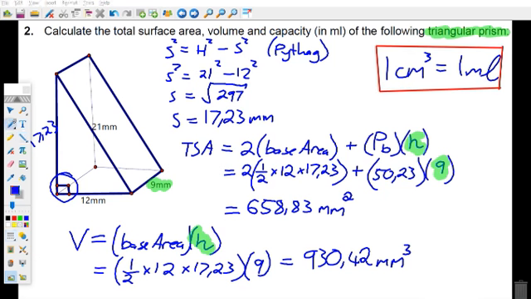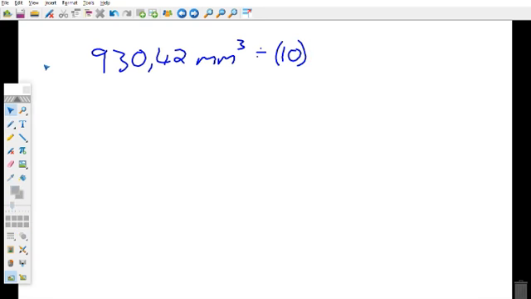Now, what's it going to be? We're going to change this up. 930.42 millimeters cubed. To change from millimeters to centimeters, we're going to go up, so we're going to divide by 10. And because it's volume, we cube the conversion.